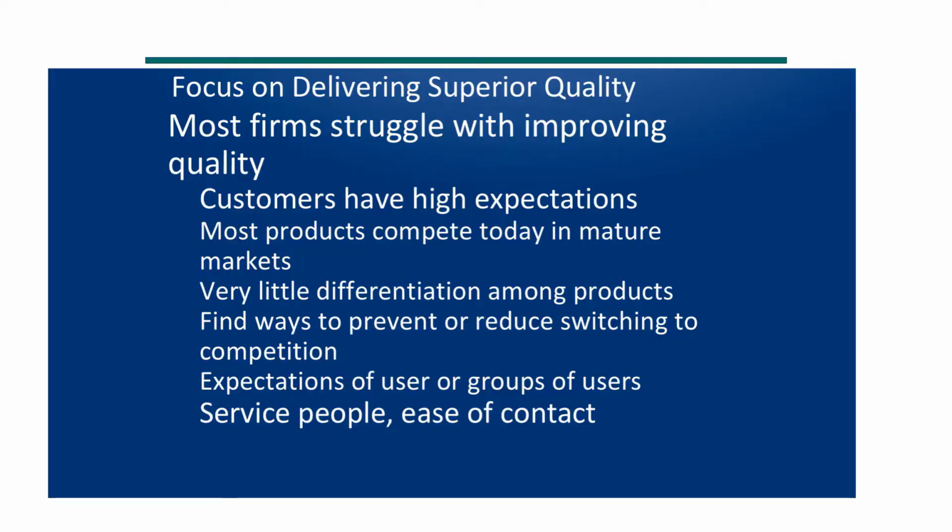So one of the issues with retaining customers and developing relationships is to look at the types of quality, the way that you can improve something that you're delivering to your users. And so people have high expectations of minimal time involved with interacting with your company, but high return.